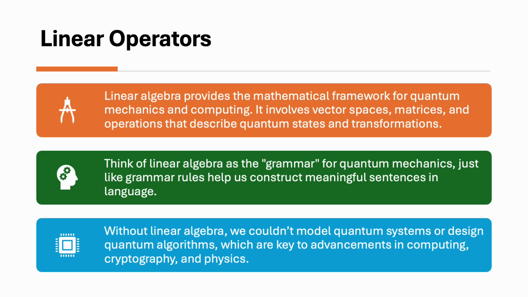Just like grammar rules help us construct meaningful sentences in a language, whether it's English, French, Spanish, or something else, without linear algebra we couldn't model quantum systems or design quantum algorithms, which are key to advancement in computing, cryptography, and physics. And so linear operators are significant in that aspect.